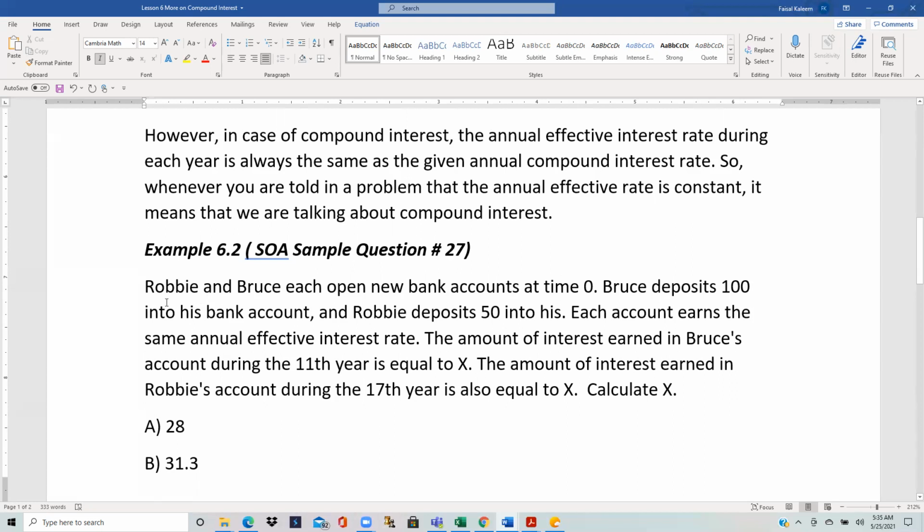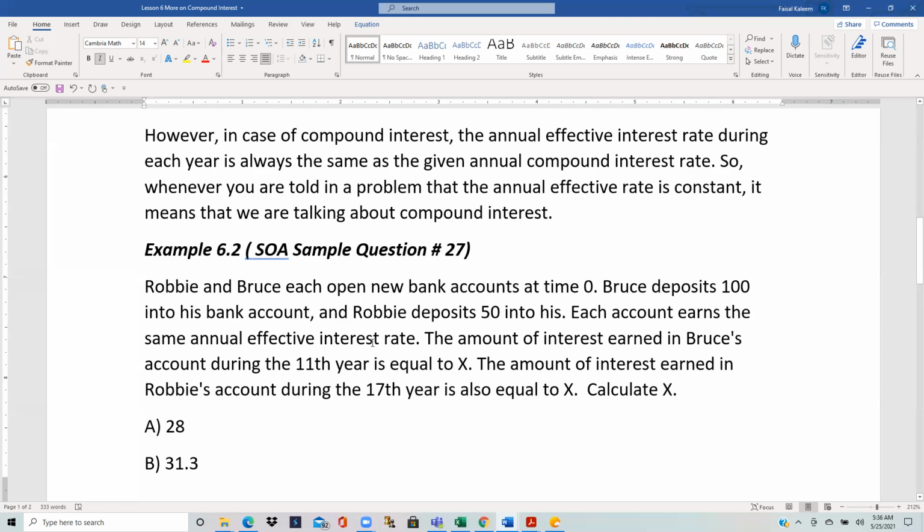Robbie and Bruce each open a new bank account at time 0. Bruce deposits 100 into his bank account. Robbie deposits 50 into his. Each account earns the same annual effective interest rate.